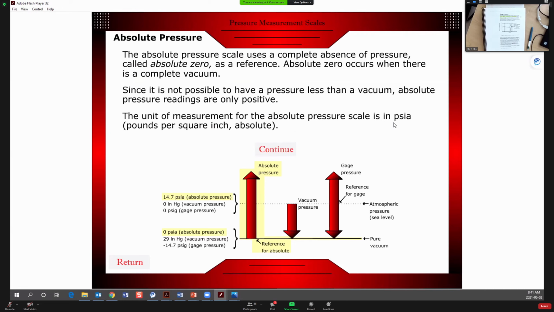They have a special unit here called PSIA, pounds per square inch absolute.